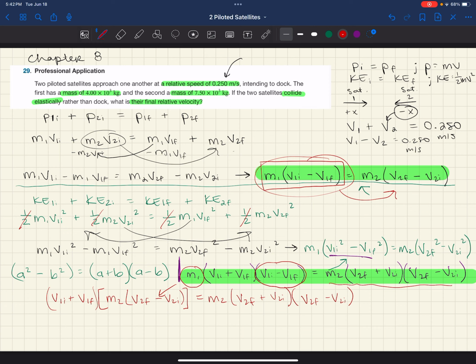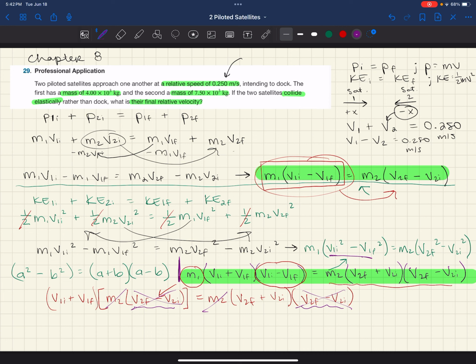So if I'm once again looking at both sides of my equation, I see that I can cross out a couple of things. Number one, I have an m2 term on both sides. And number two, I have this v2f minus v2i term on both sides. So that will also cancel out.